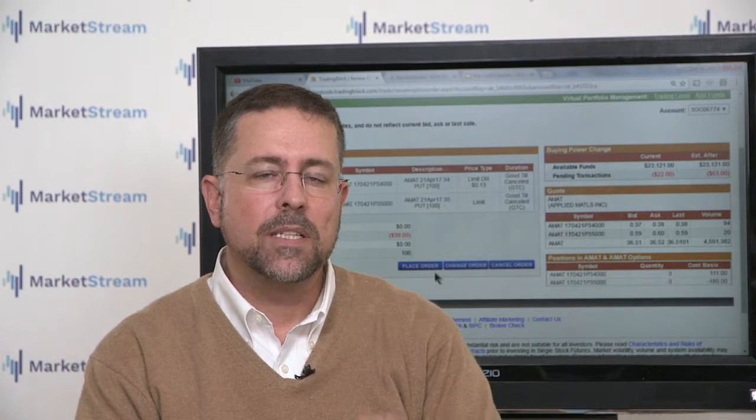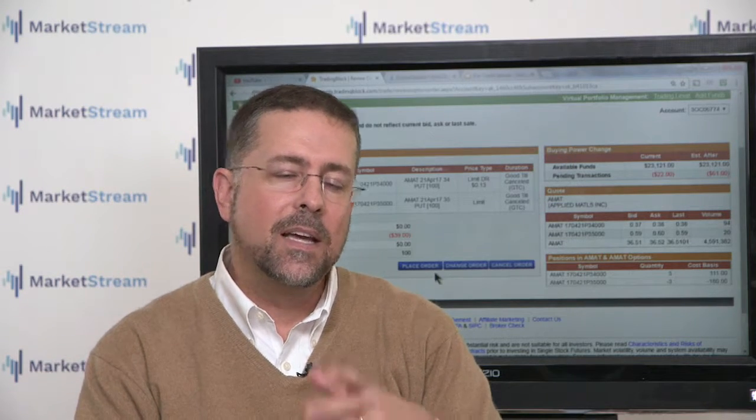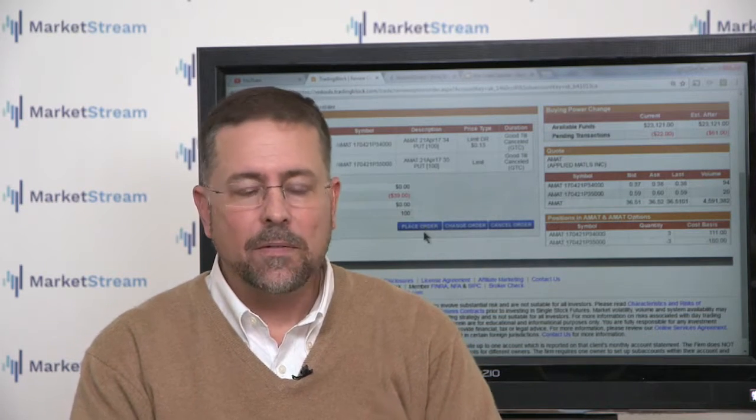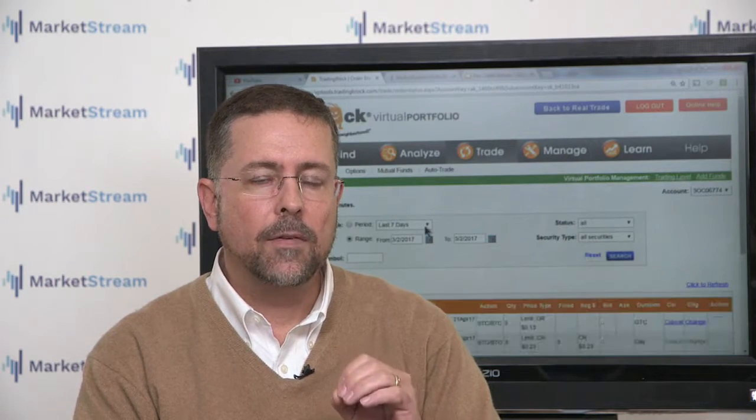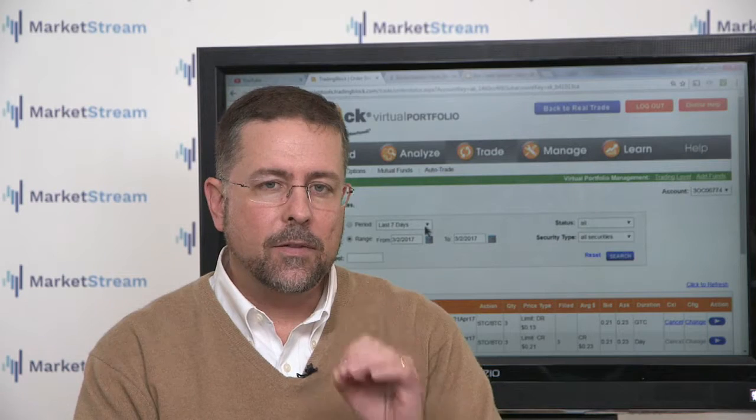I'm going to buy this back after I collect almost 50% of the total credit received. So I received 23 cents. The exact amount would be 11.5, but yeah, 11.75. But I'm going to place this order. That means that I'll have a debit spread to cover this credit at 13 cents.